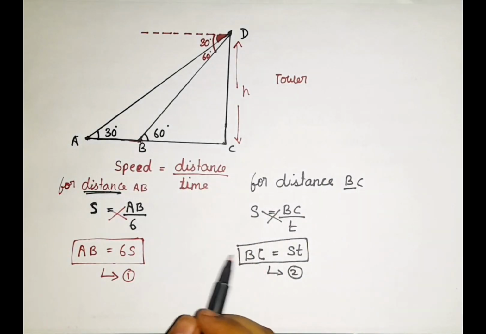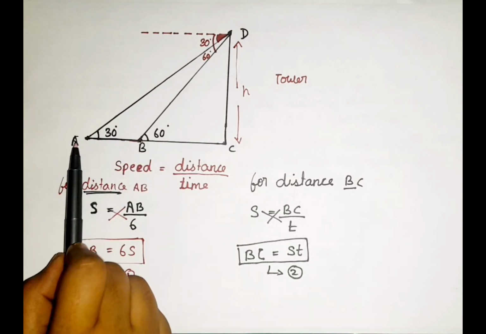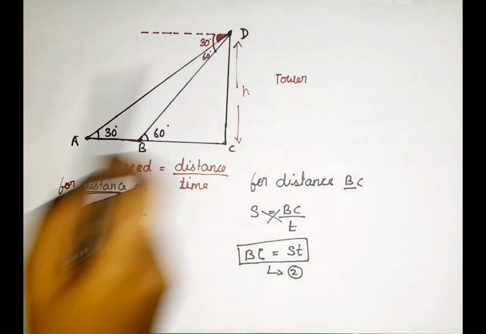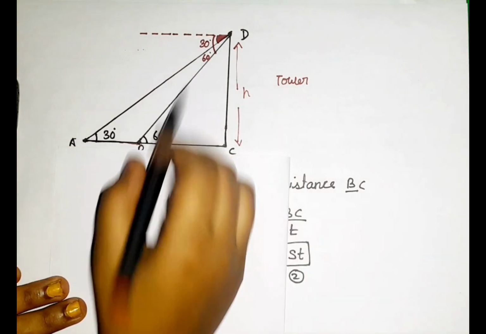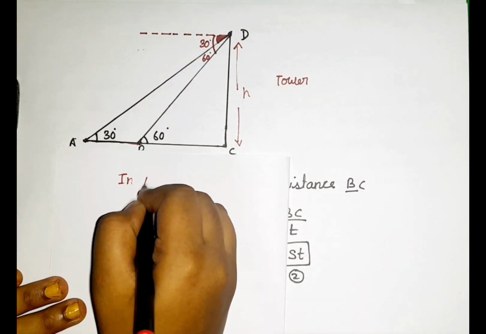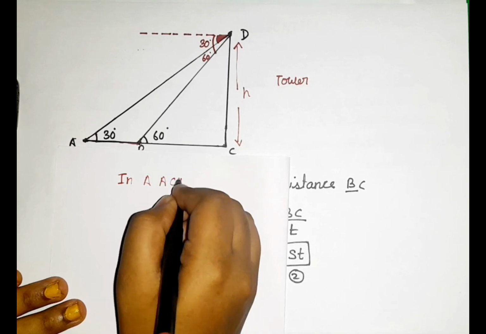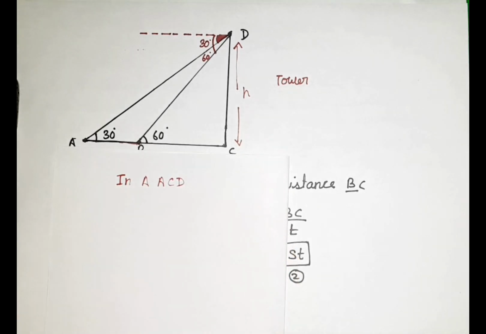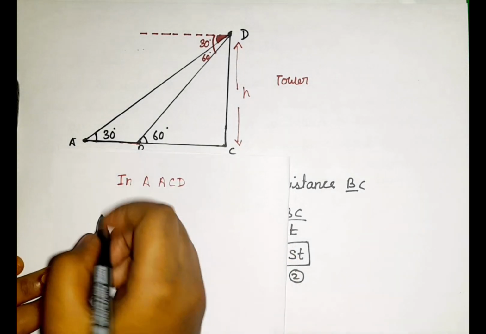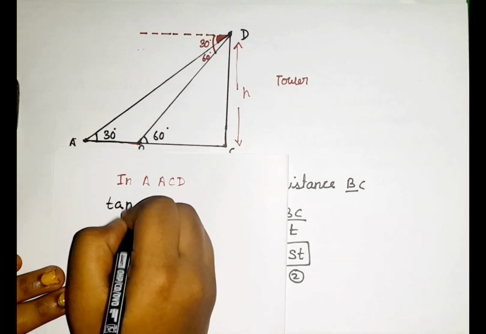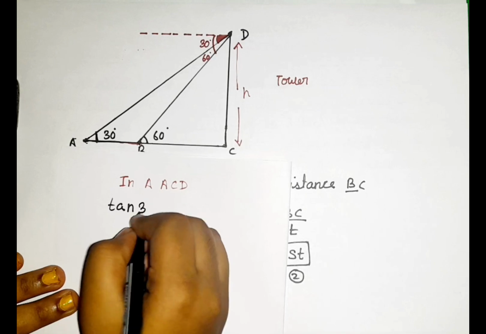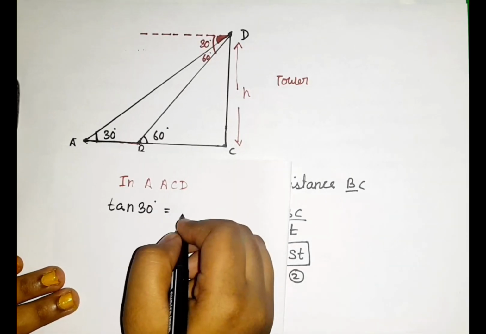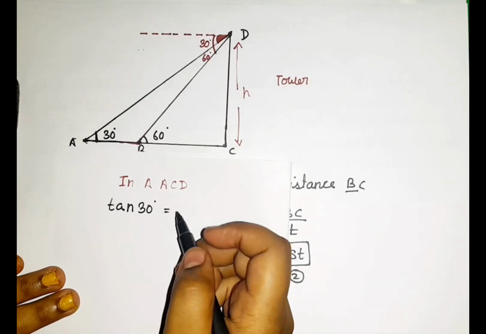Now let us take one triangle, that is triangle ACD. In this triangle ACD, I am going to take tan. In ACD, the angle is 30 degrees. So tan 30 degrees is equal to the opposite side over the adjacent side.